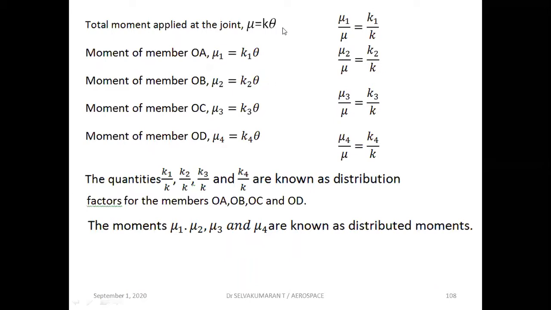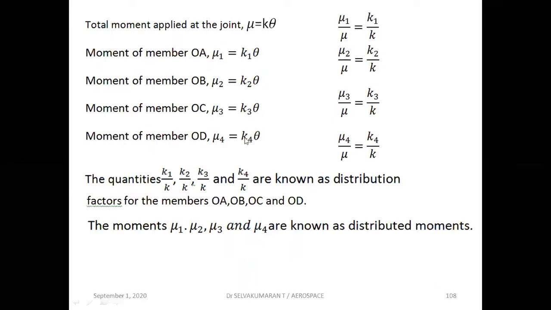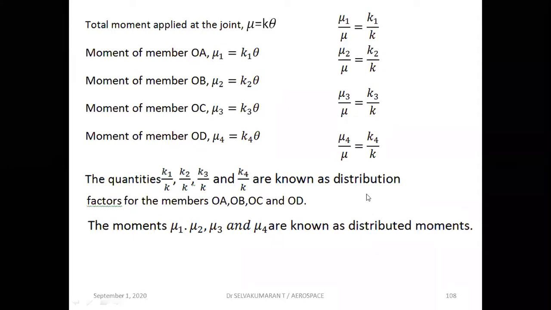Similarly for the others. So we are trying to explain how we get these distribution factors. Then we'll see in solving the problems, in terms of numerical values, how to find the distribution factors and stiffness factors, and how to use them with the help of a carryover factor of 1 by 2.